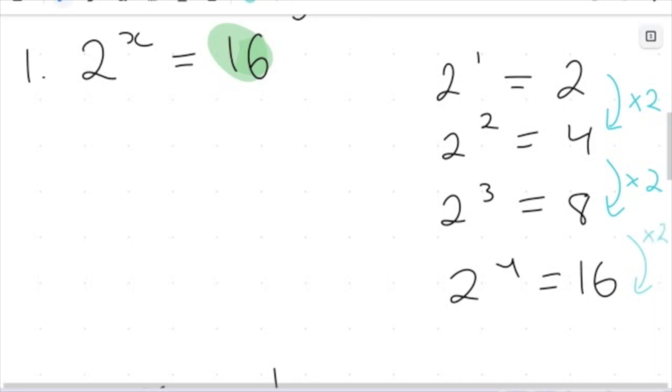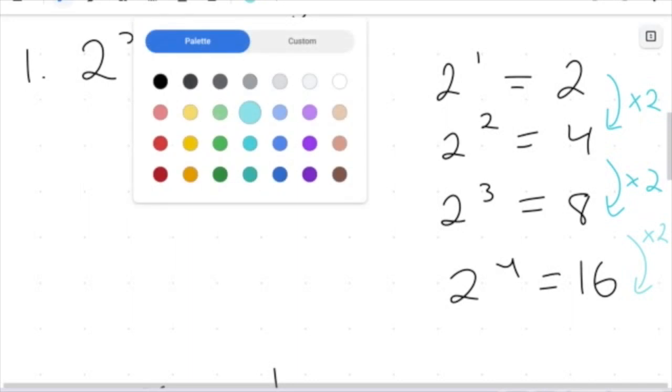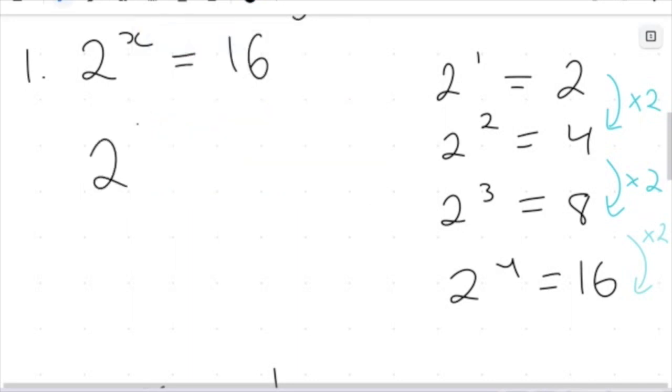Now, why that's useful is that we can write this 16 as a number with an exponent, with the same base number as the left-hand side. So the left-hand side is going to stay the same, but instead of 16, I can write 2 to the power of 4.